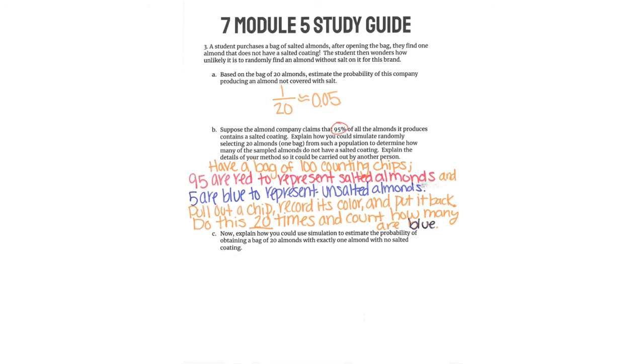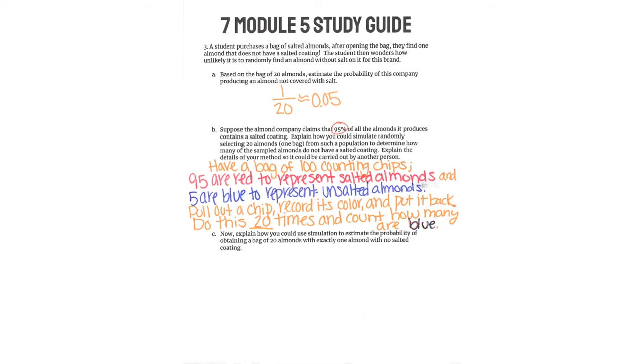I think a good number to really get an estimate of this brand would probably be about 1,000 bags to see what portion of the 1,000 bags had exactly one unsalted almond. The number that we get that are unsalted out of that 1,000 is your estimate of the probability of the bag of 20 almonds with one unsalted almond.